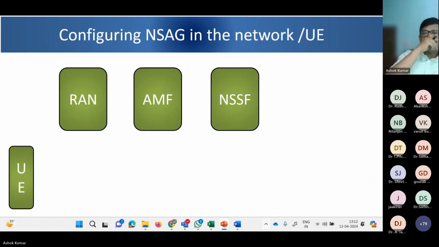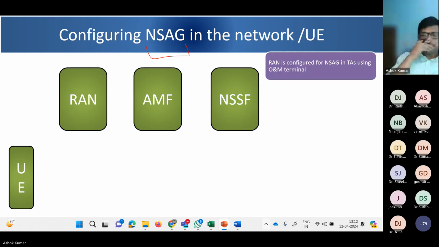Okay, so how are these groups configured onto the UE and the network? First, let's talk about the radio access network. This configuration of groups can be done through an O&M terminal.